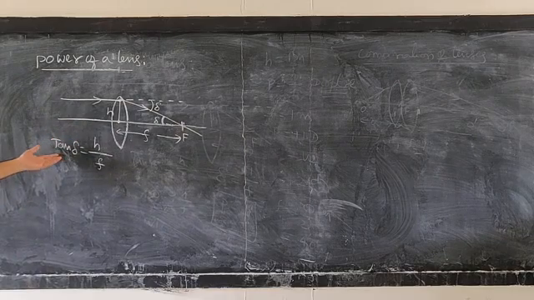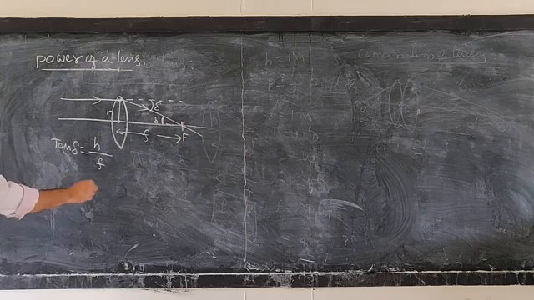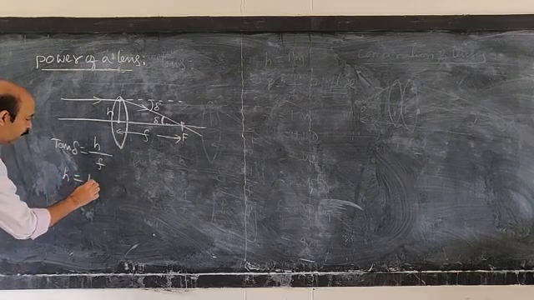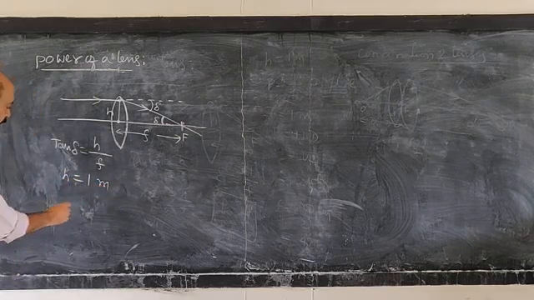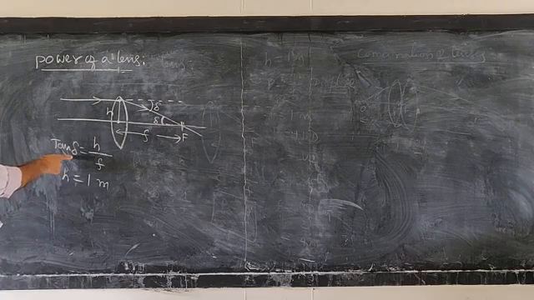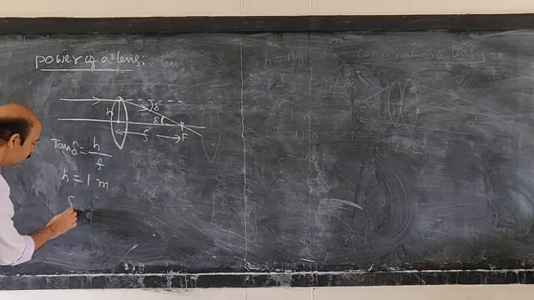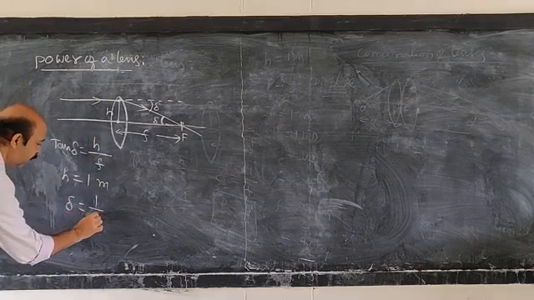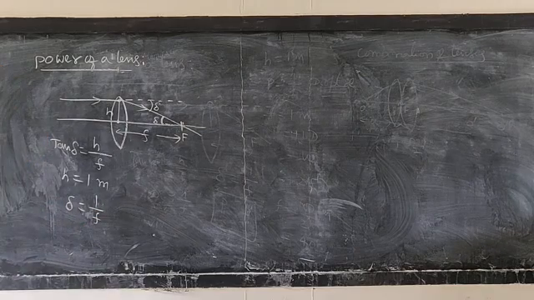So from the figure you can write tan delta is equal to h by f. Suppose h is taken as 1 unit, let us say 1 meter, and for a small angle delta, tan delta can be written as delta, that is equal to 1 by f.